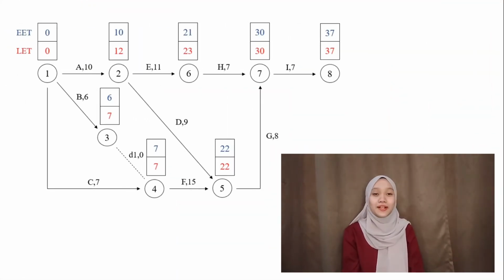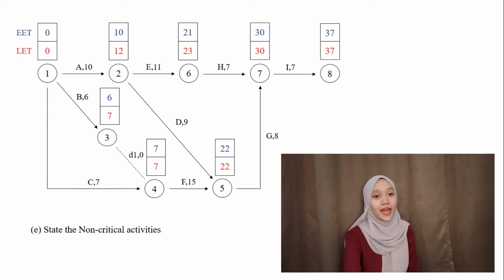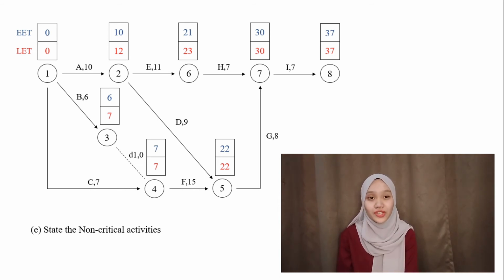Okay, so let's proceed to the next question. Question E requires us to state the non-critical activities. Before that, in question D, Farah explained how to answer that question, right? So the answer is C, F, G, and I. For question E, they want to know what the non-critical activities are.